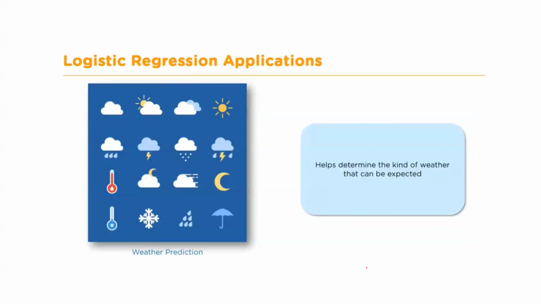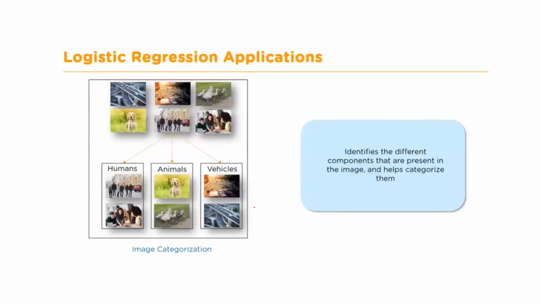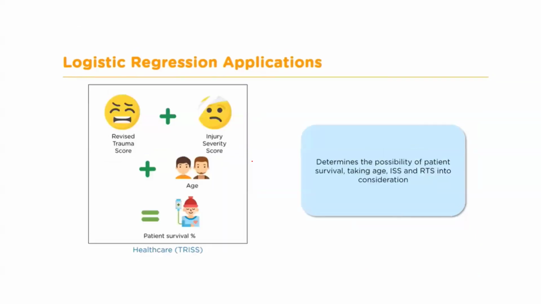Coming to the applications of logistic regression: weather prediction is the very first application, it helps determine the kind of weather that can be expected. Then image categorization identifies the different components present in the image and helps categorize them. In a particular image, it will categorize these as human beings, these as animals, these as vehicles.